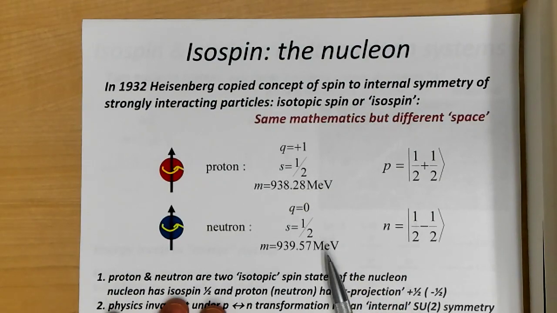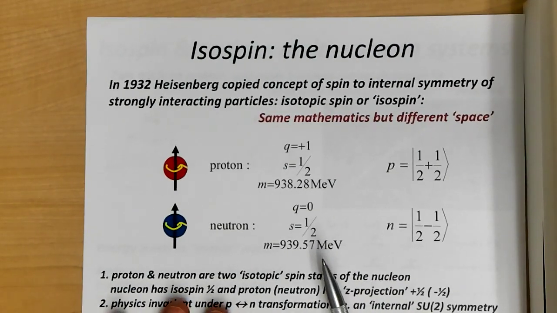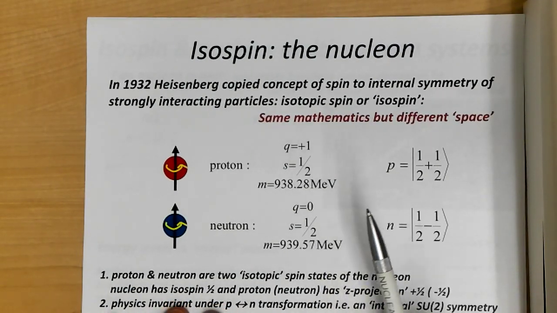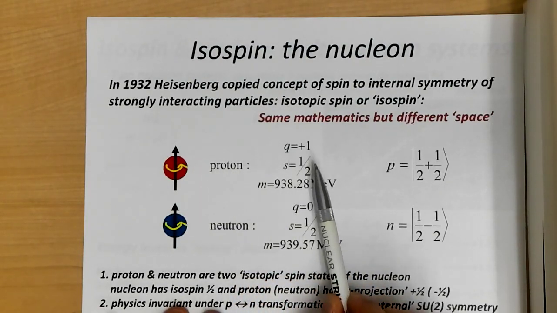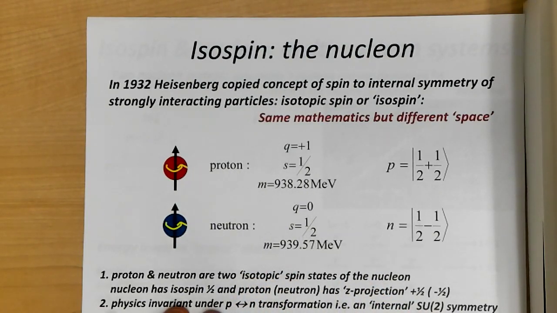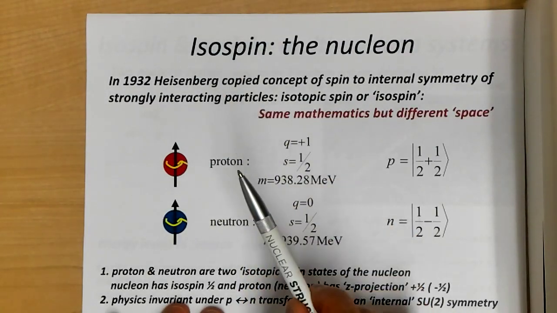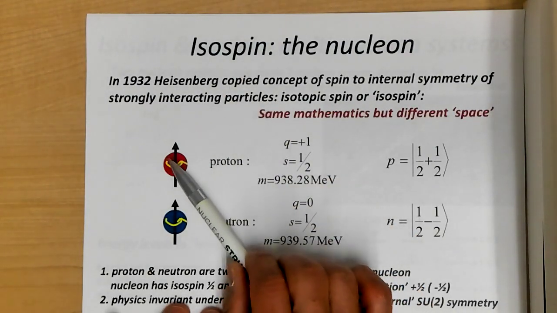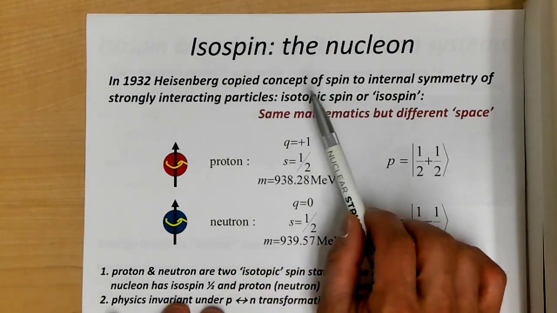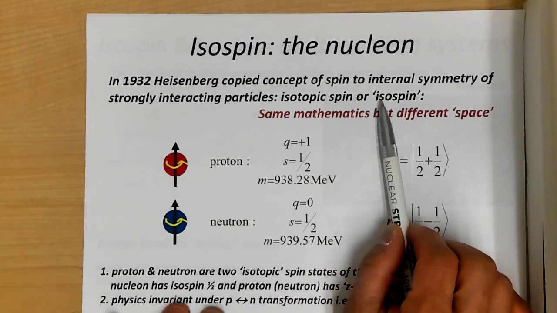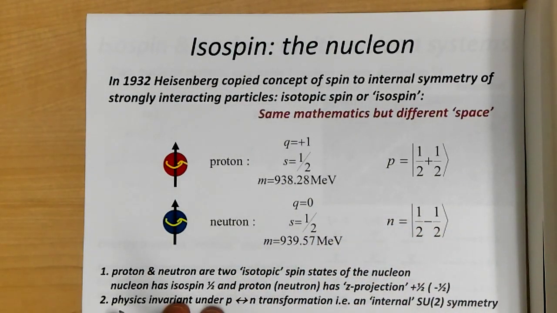Very, very similar masses. And Heisenberg realized that these could be treated as spin up and spin down states in a different sort of way, where the proton is spin up and the neutron is spin down. But if we call them spins, that would be totally confusing, because they really do have spins. So he called them isotopic spin, or for short we just call them isospin.